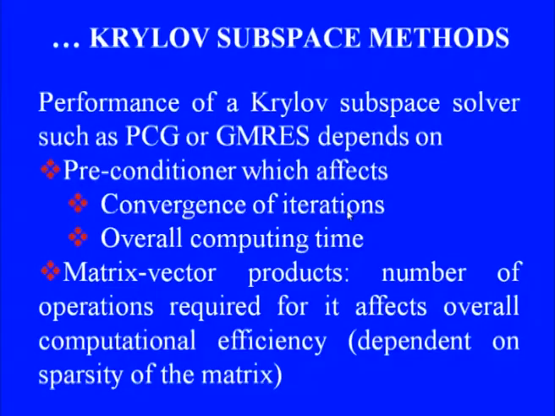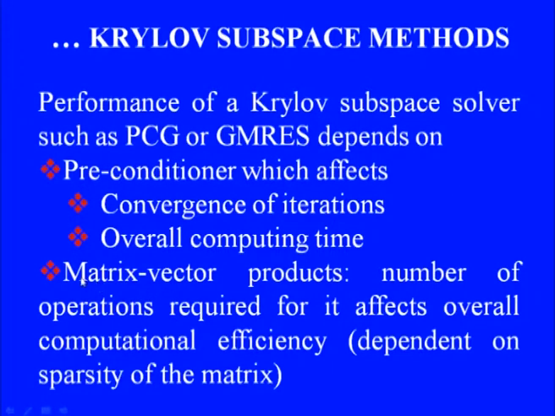Similarly, if the number of iterations is large, then again our computing time would be affected. So ideally we would like a preconditioner which takes less time per iteration step and converges very fast. Another factor which will affect the performance is the number of operations required to compute matrix vector products.